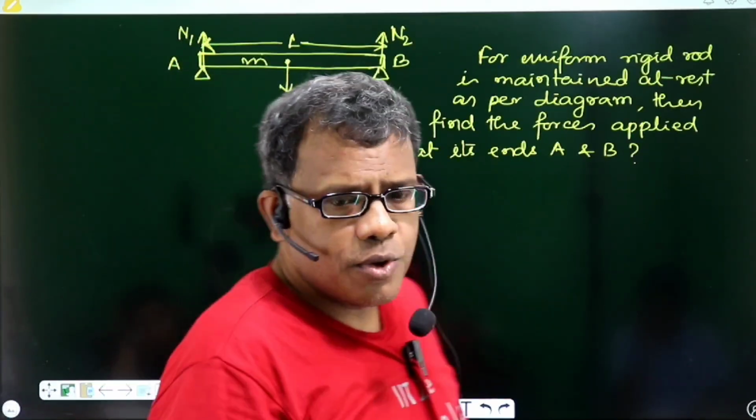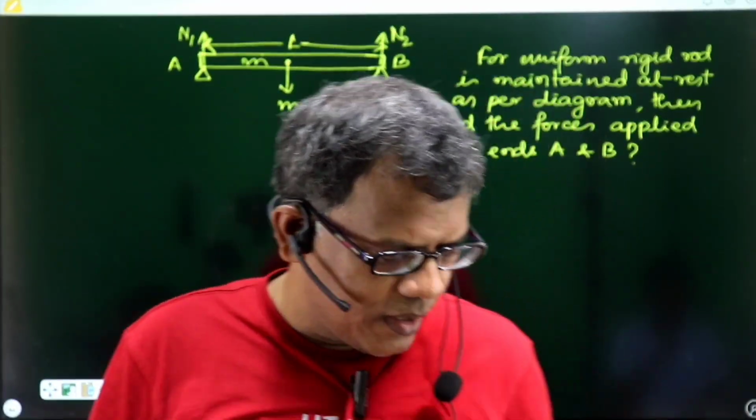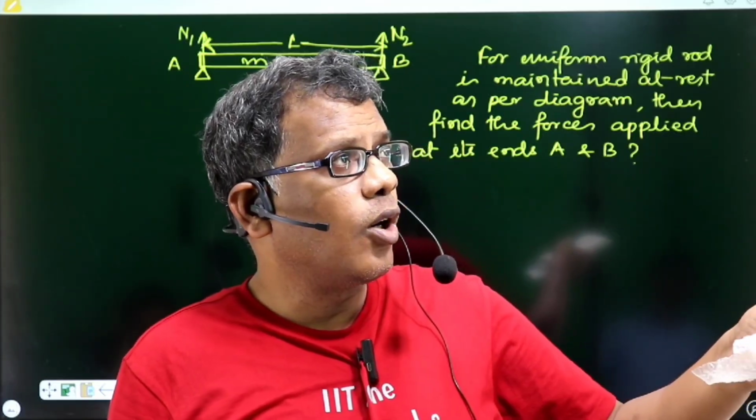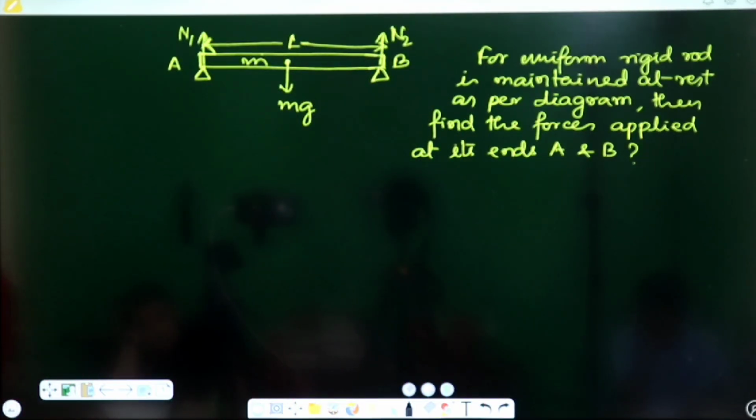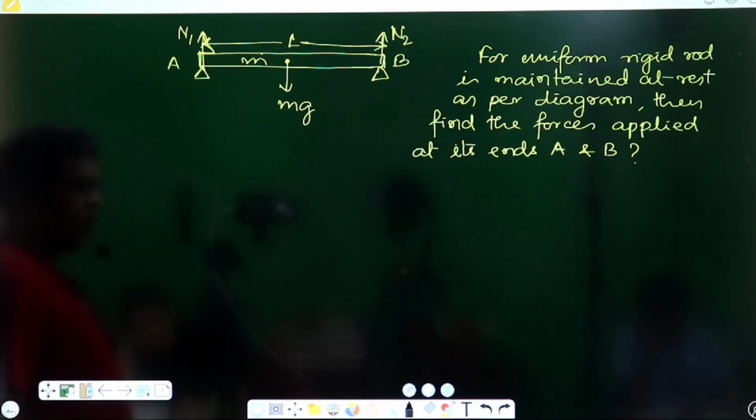So as per the question, the rod is maintained at rest. The rod is maintained at rest means this rigid rod is maintaining the state of equilibrium, right?